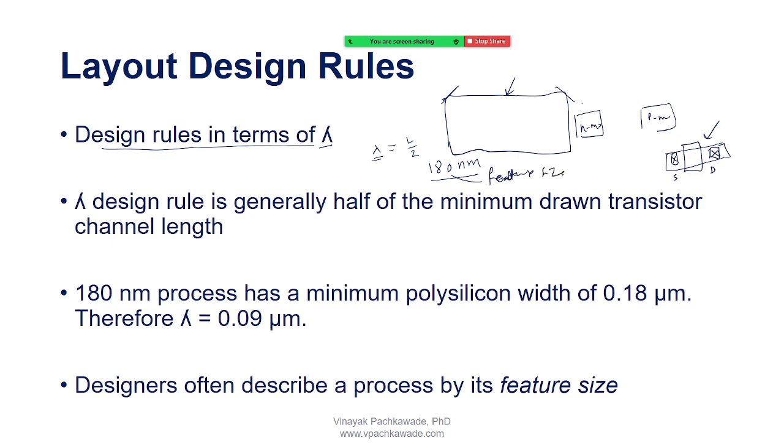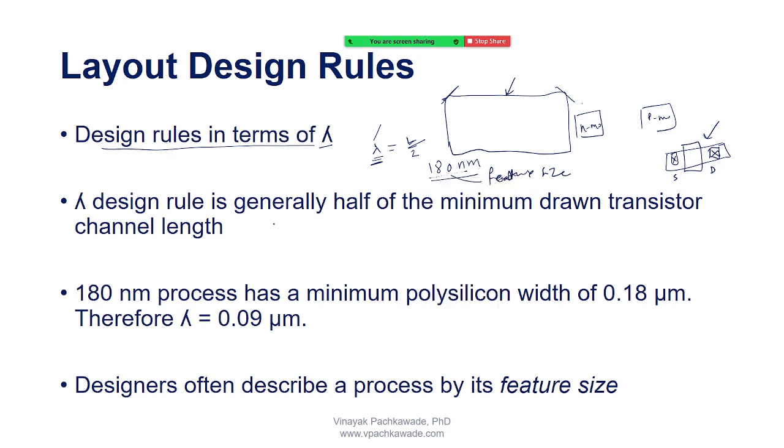Just remember, because when we draw the layout, we don't talk about L and other parameters. We just talk about the lambda rule, and lambda is half of the feature size, which is the technology node.